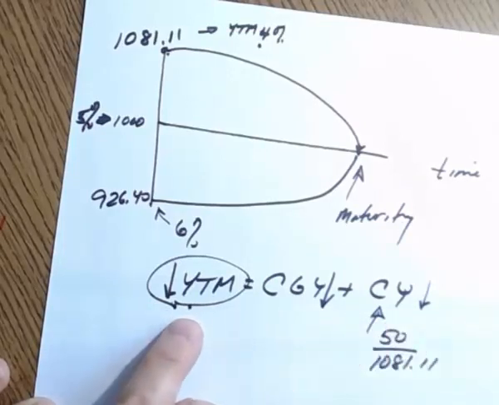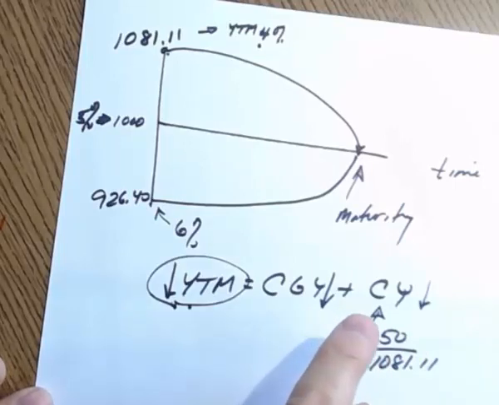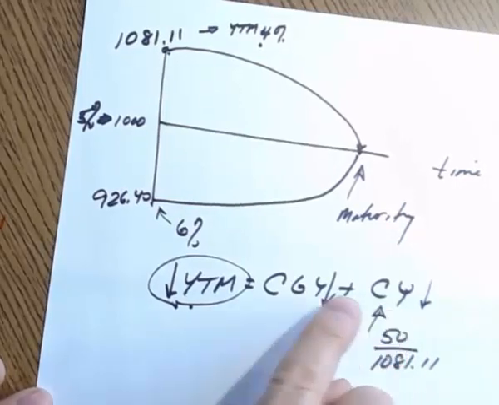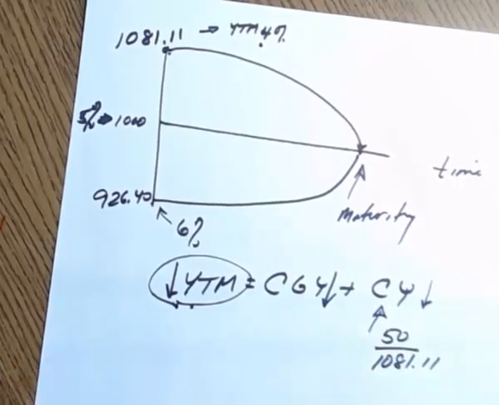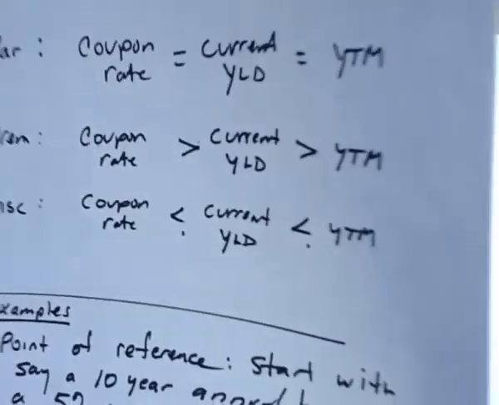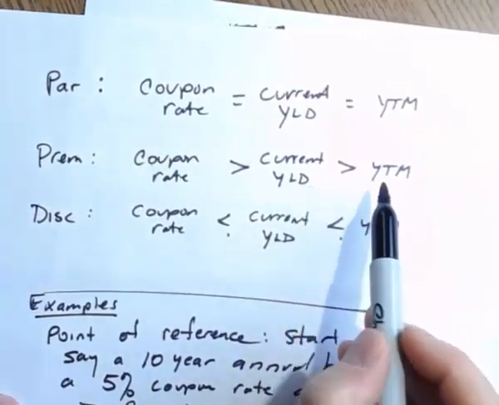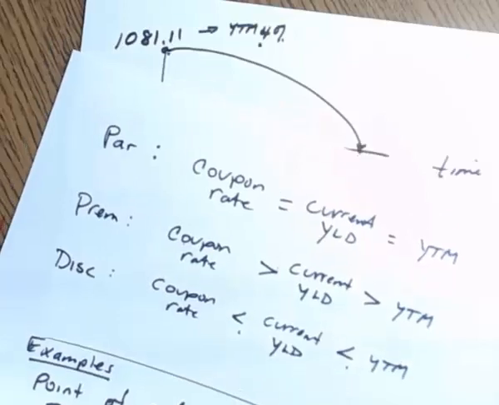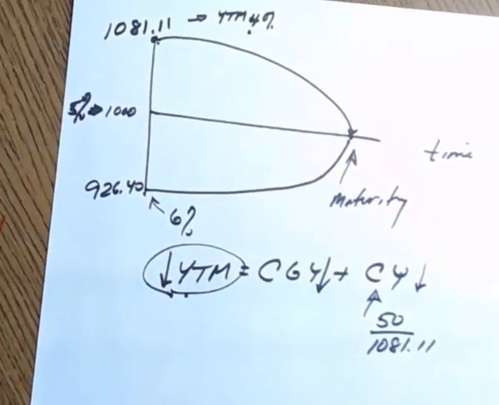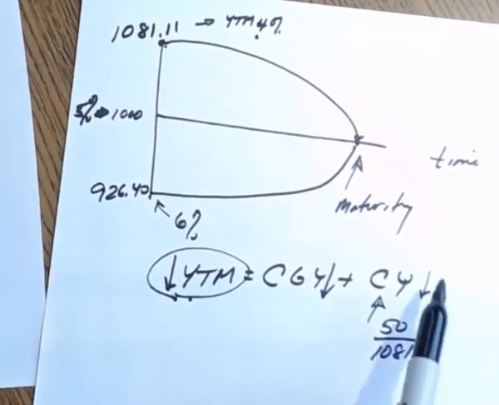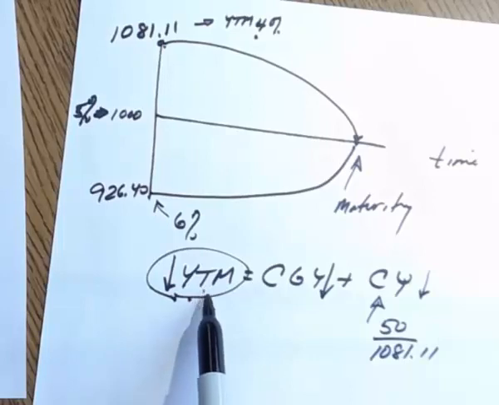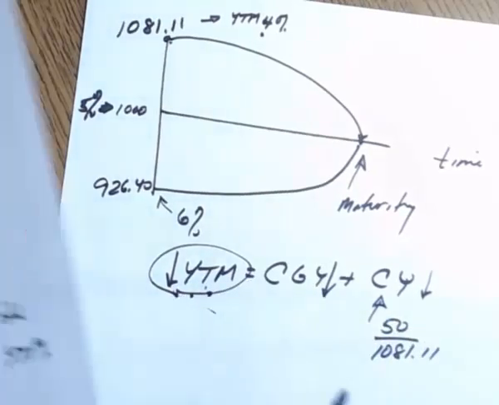That means the yield to maturity drops more than the current yield does, okay? Because you've got this capital loss. So when you have this relationship, your current yield is going to be relatively sticky relative to the yield to maturity. So yield to maturity is going to drop more than the current yield.